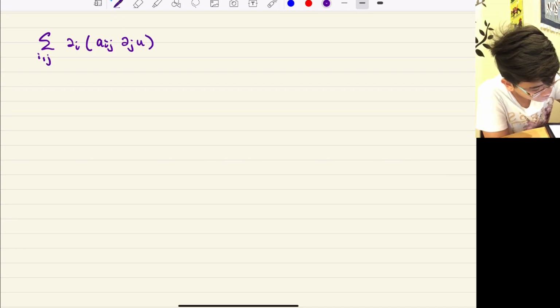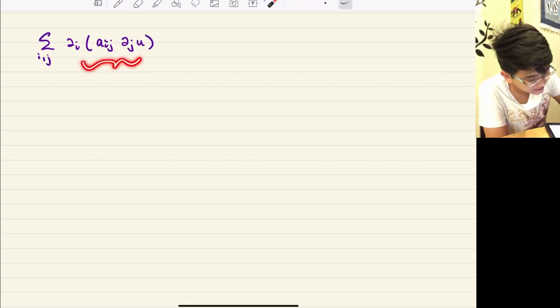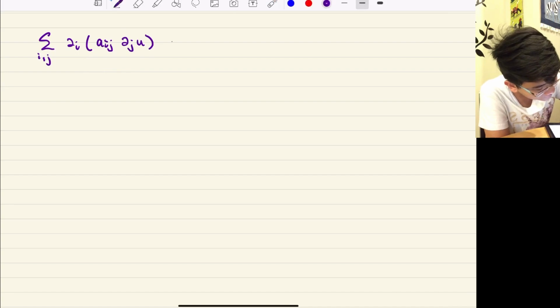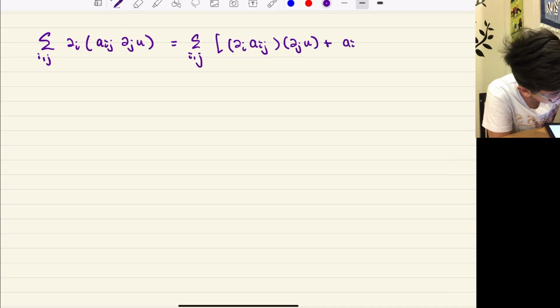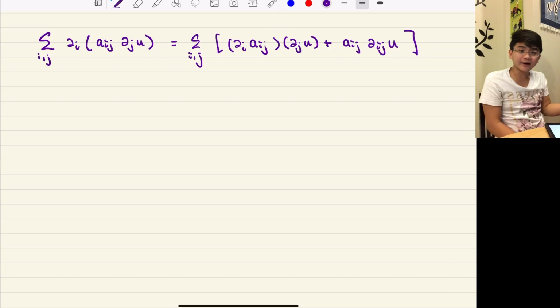So if I do the differentiation here, what would that be equal to? So this is sum over ij of derivative in i. Suppose that a_ij is differentiable, so I can do this. And I have partial j u plus a_ij partial ij u.